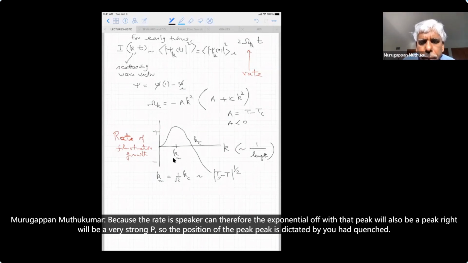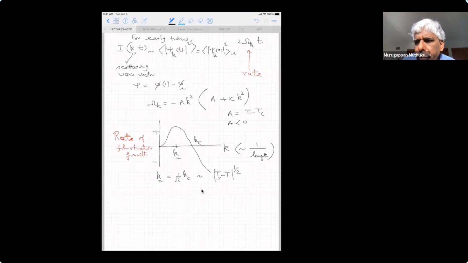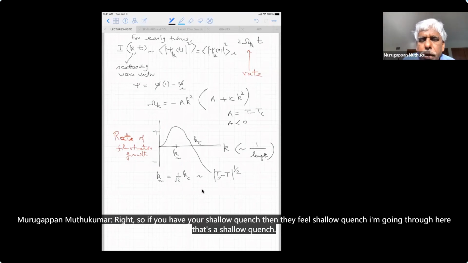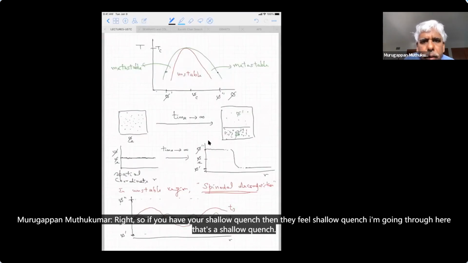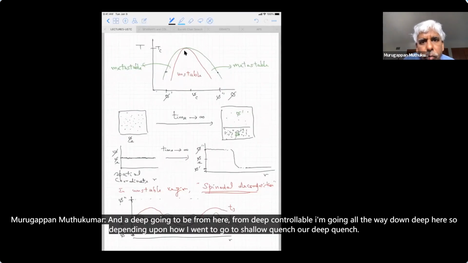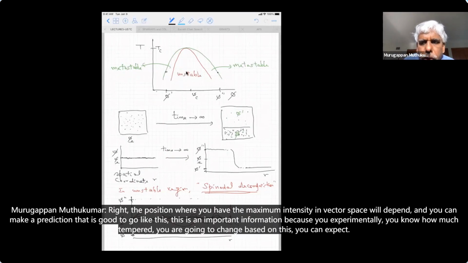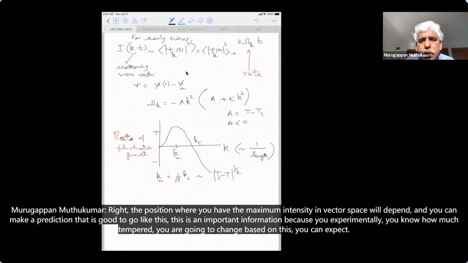So the position of that peak is dictated by your quench depth. If you have a shallow quench, I'm going, say, here, that's a shallow quench. And a deep quench would be from here, going all the way deep. So depending upon how I quench, shallow or deep, the position where you have the maximum intensity in wave vector space will depend.